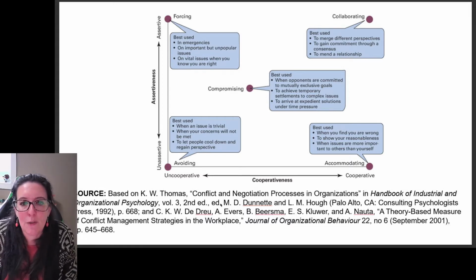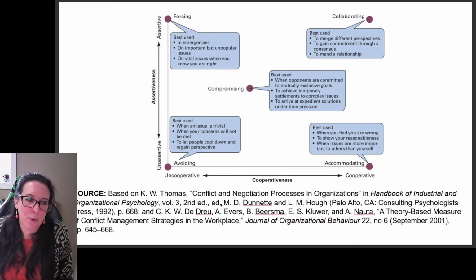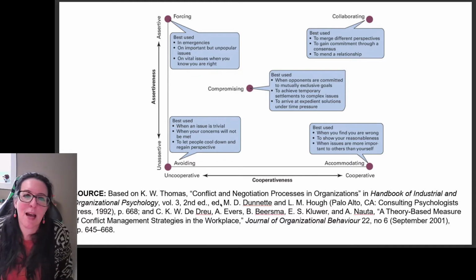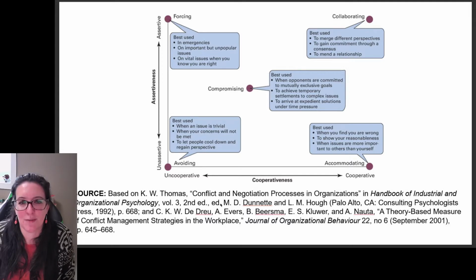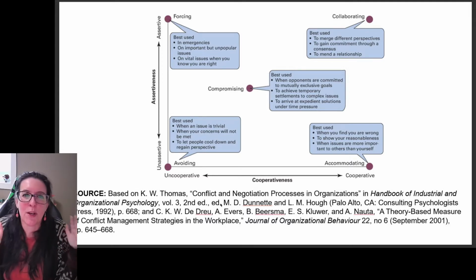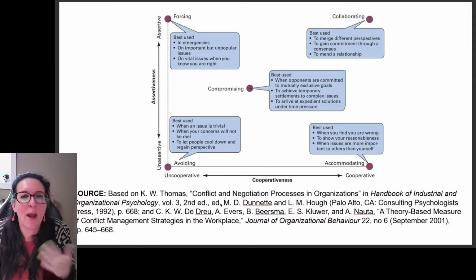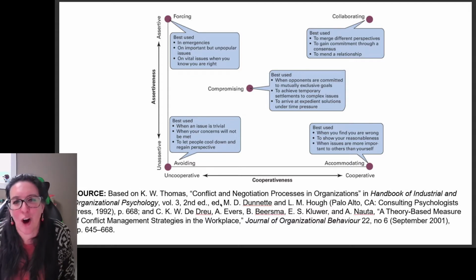So if you have more of a cooperative group and less assertive people, then you're going to have more accommodation. So this is where you're just going to relent, let someone be right, and just move on. Okay, so that's what accommodating is, you see on the bottom right. If you have people who don't like conflict, they're going to tend to be more of the accommodating.